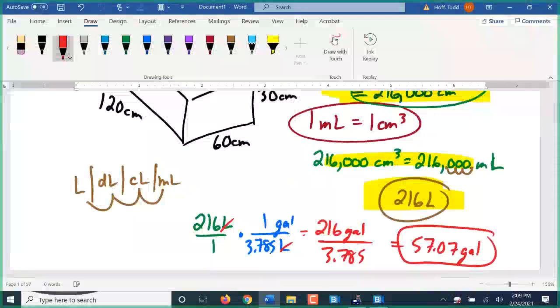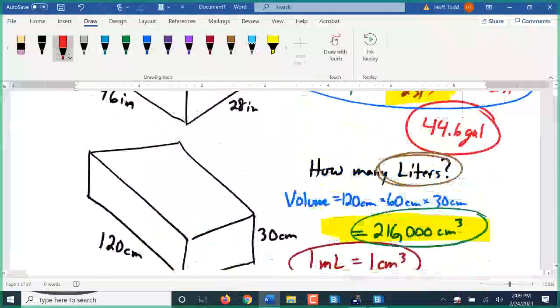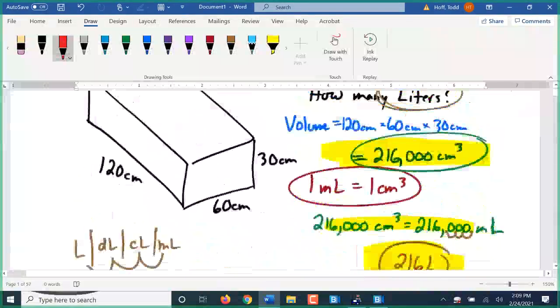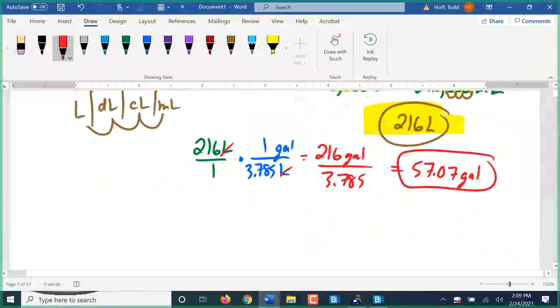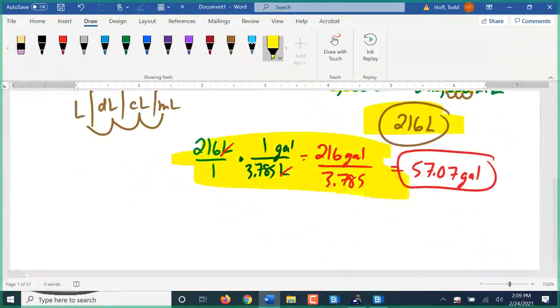So this is quite a bit bigger tank than the one up here that was 44.6. When we are converting from metric to standard or standard to metric, there is no way to get around the ugly conversion.